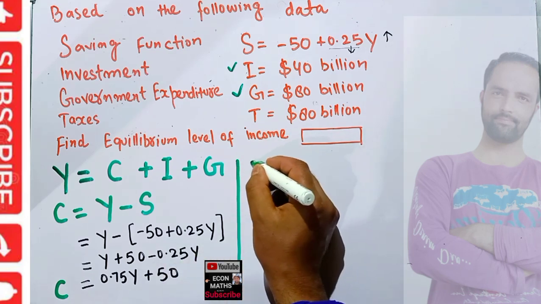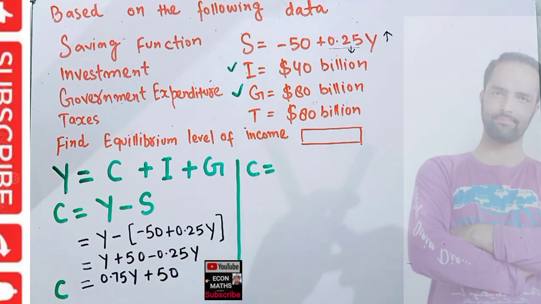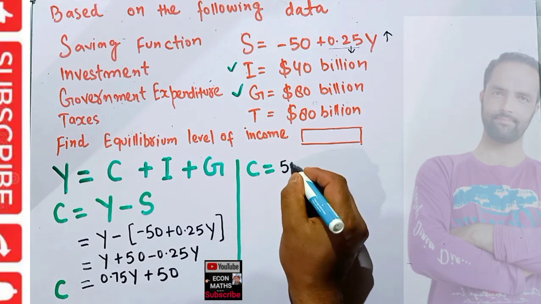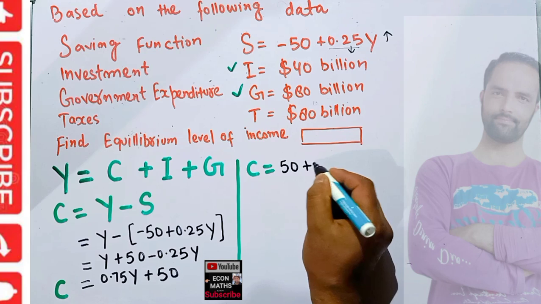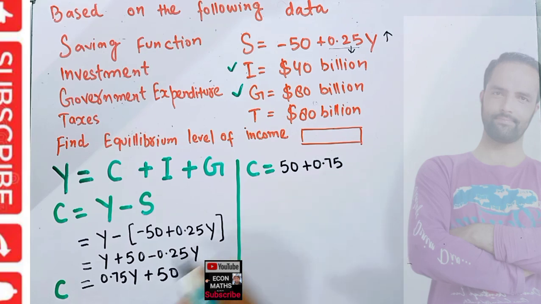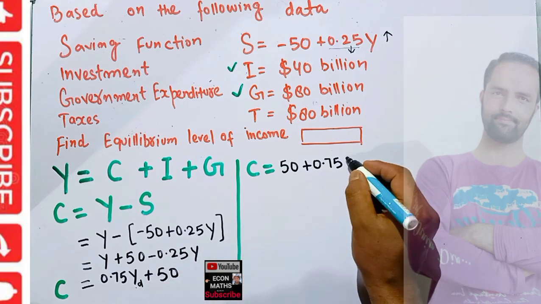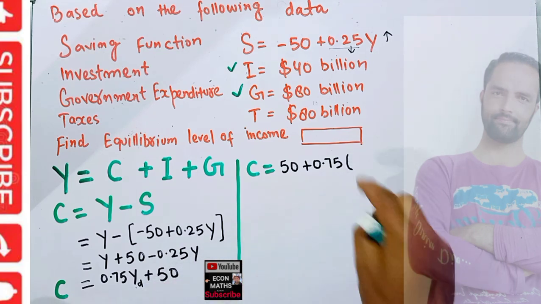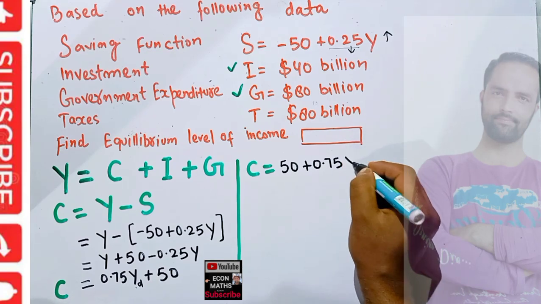So our consumption will be equal to, let me write it here, this first which is autonomous consumption, plus 0.75, and this y is our disposable income here, okay? So we write it here, disposable income. What is our disposable income? So first let me write it as it is, okay?